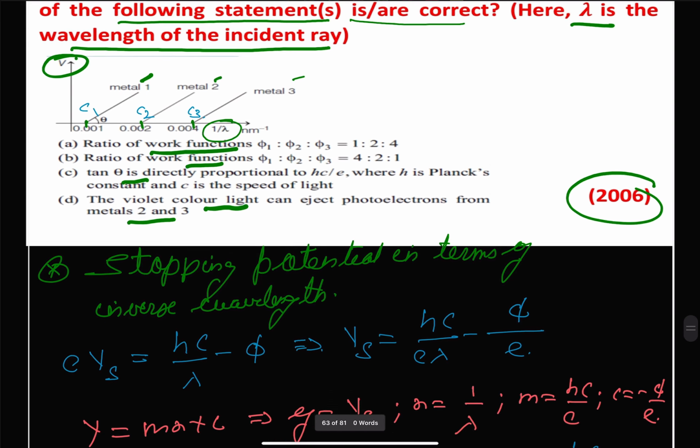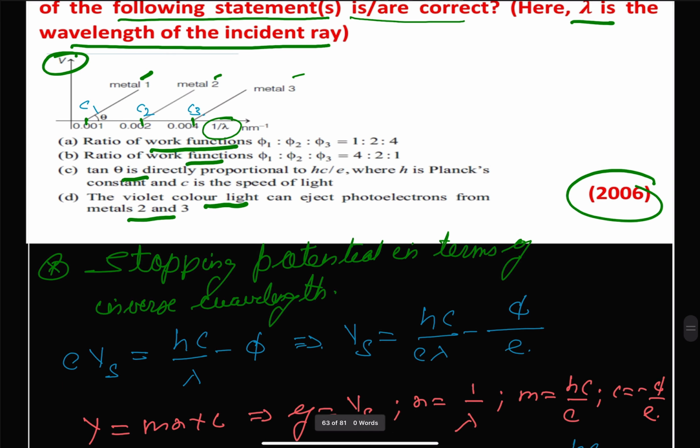So we have that option C as well as option A is correct. And we need to check option D also.